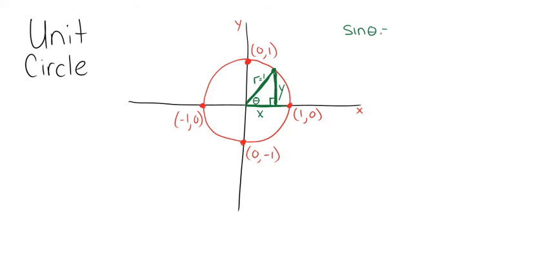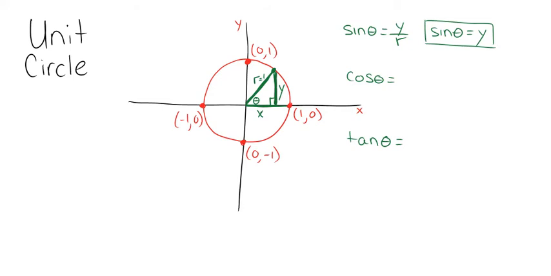So then we said we could just write our trig ratios, sine, cos, and tan, using those variables. So sine would be equal to opposite over hypotenuse, so y over r. And since r is just 1, then sine theta would just be equal to y.